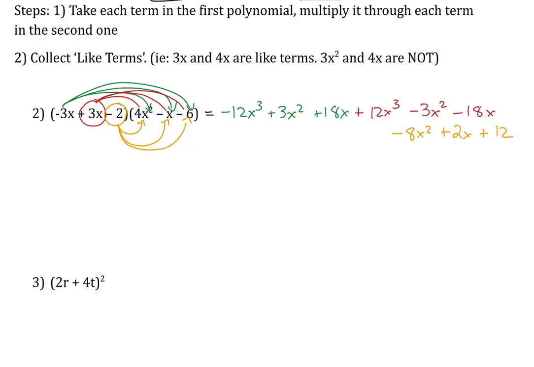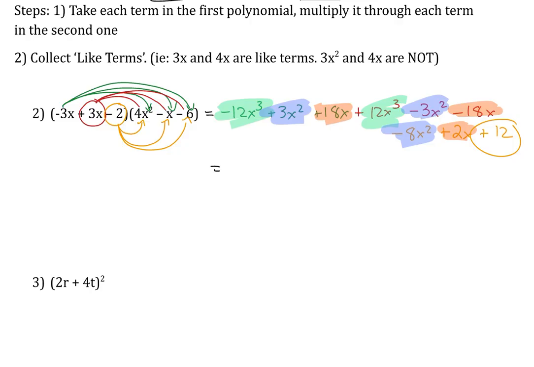So I'm going to highlight all the like terms here. I have x to the power of 3, x to the power of 3. I have positive 3x squared, minus 3x squared, negative 8x squared, positive 18x, negative 18x, and then 2x. And then I have this 12 all by its lonesome. Okay, so when I collect these like terms, negative 12 plus 12 is 0. 3x squared minus 3x squared is 0.